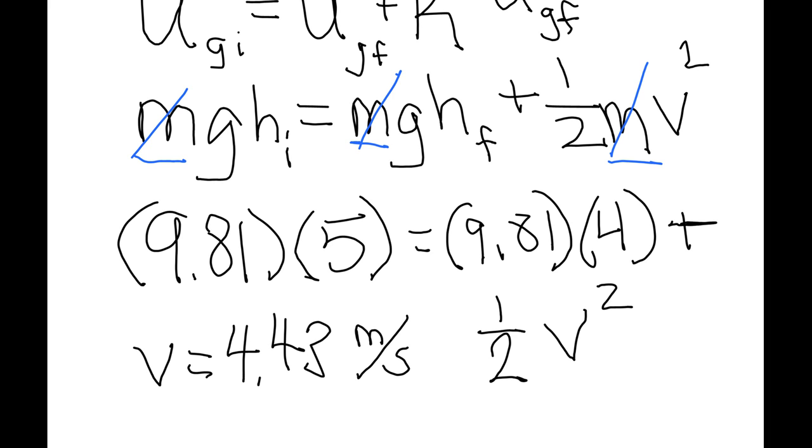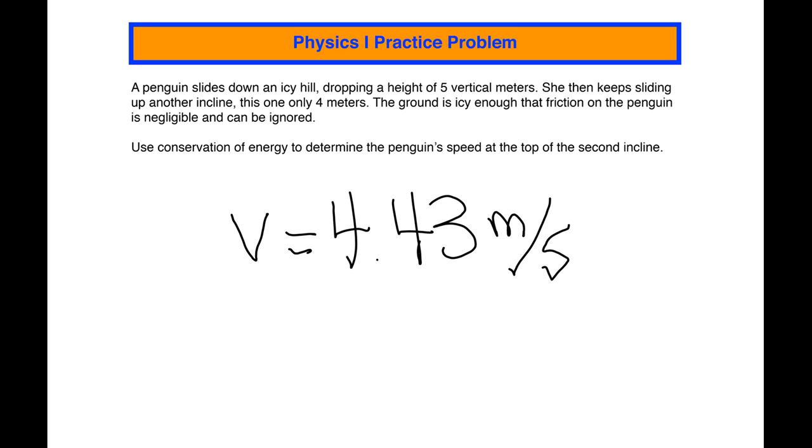Let's take this back and look at our initial problem and see if this seems reasonable. So again, with our initial problem, we have a penguin starting on an icy hill that's 5 meters high, slides down the hill, then goes up another incline rising about 4 meters.